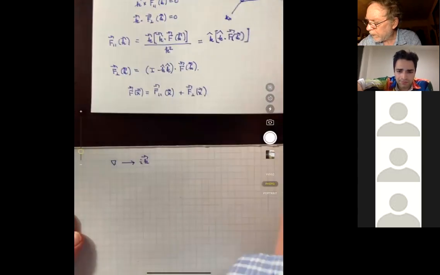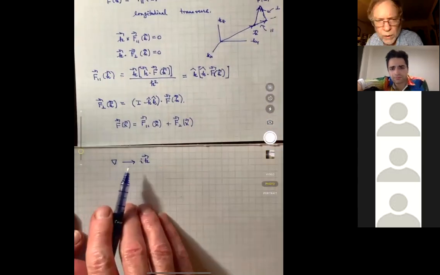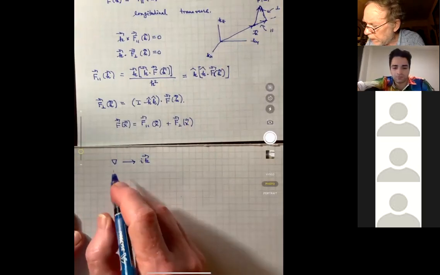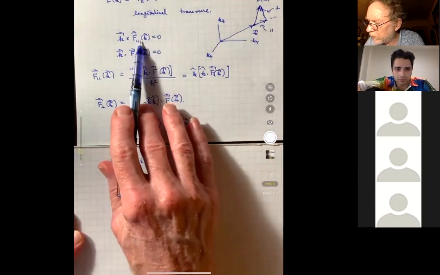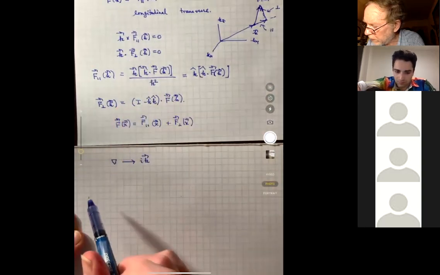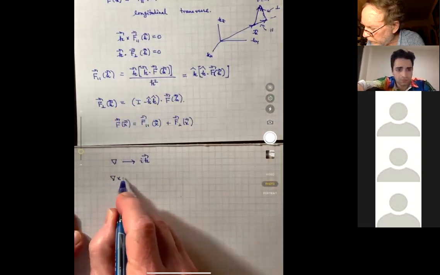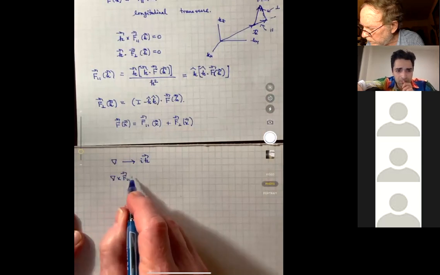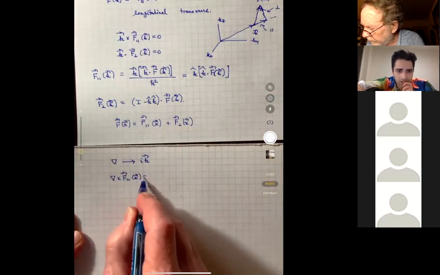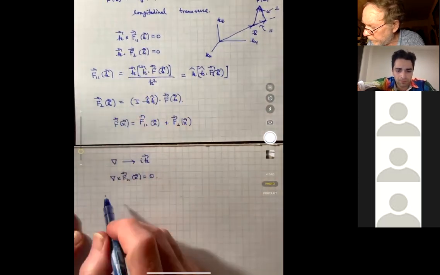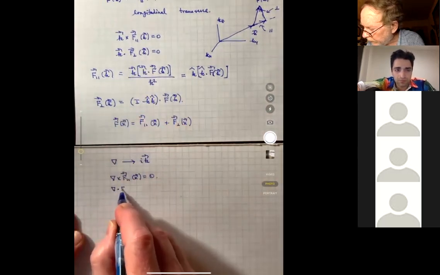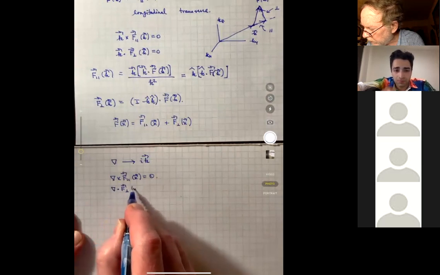Because of this rule, because k cross f longitudinal is equal to 0 in k space, it means that del cross f longitudinal in real space is equal to 0. And likewise, because in k space k dot f transverse is 0, it means that del dot f transverse of x is equal to 0.